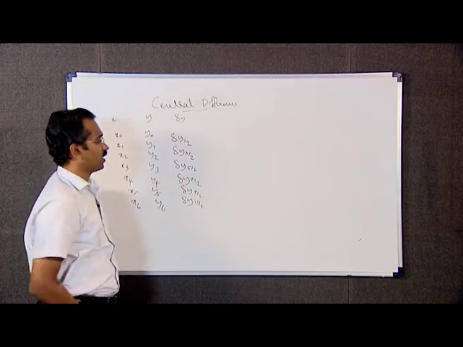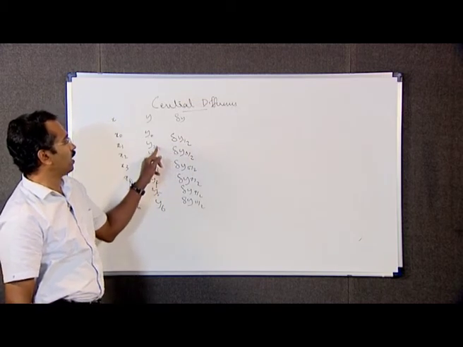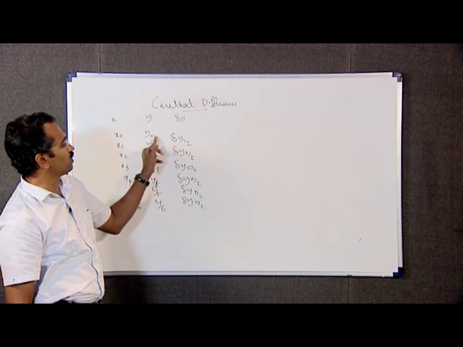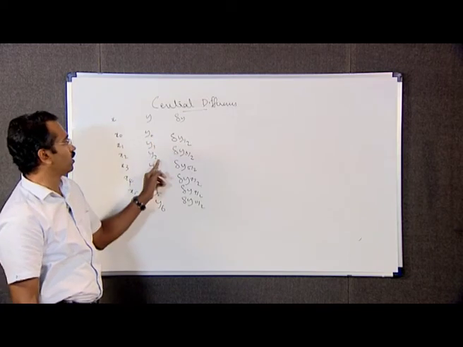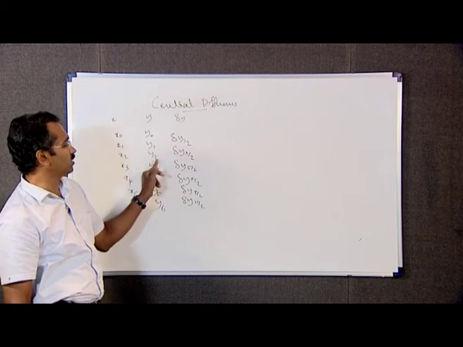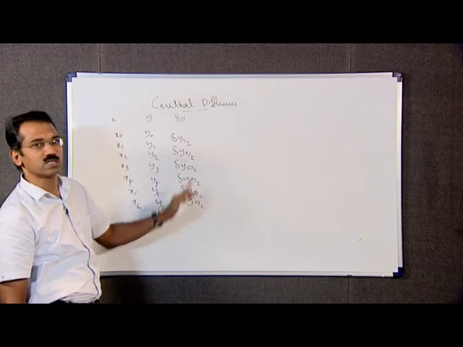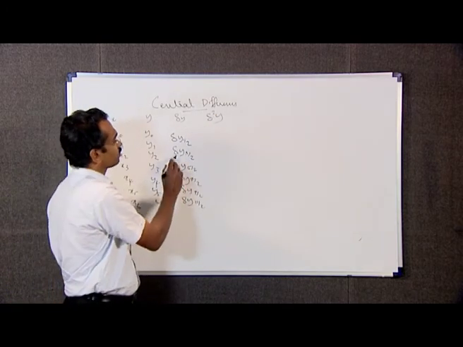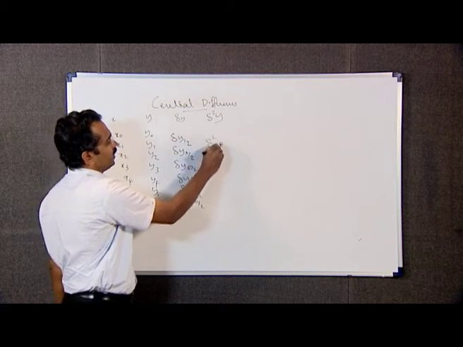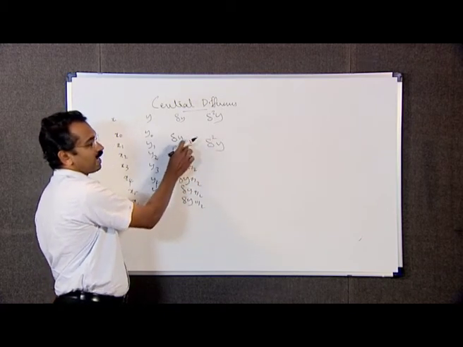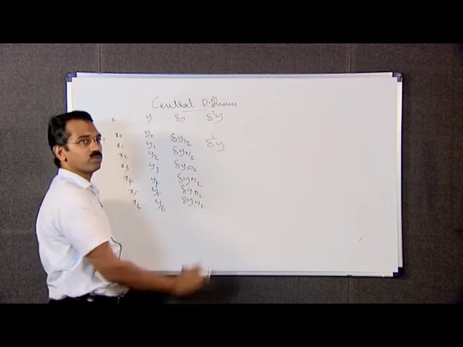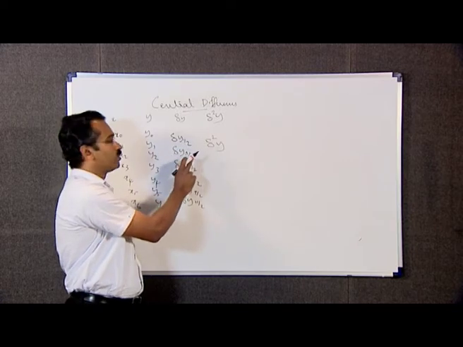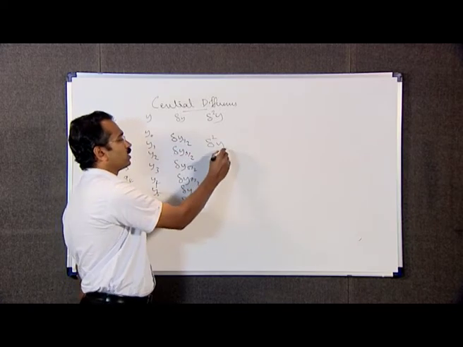That is, the suffixes are averages of these two suffixes. Here 1 plus 0, the average is 1 plus 0 by 2. Here 2 and 1, the average is 2 plus 1 by 2, that is 3 by 2, and so on. The second differences are delta square y, in suffix take the averages of 3 by 2 and 1 by 2, that is 3 by 2 plus 1 by 2 all divided by 2, that is 2 by 2, which is 1.